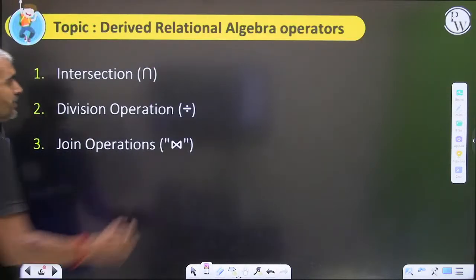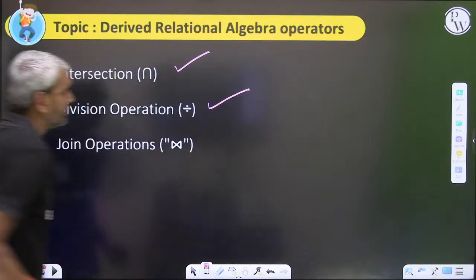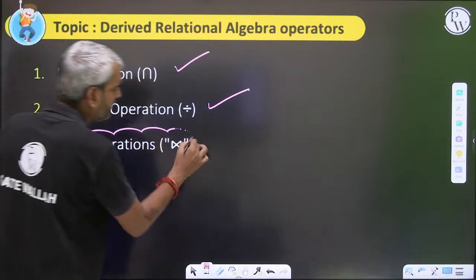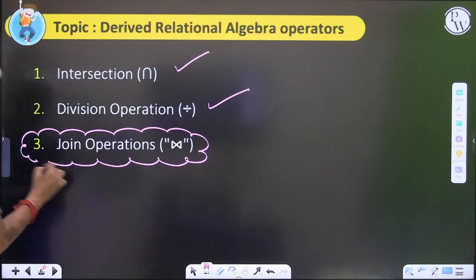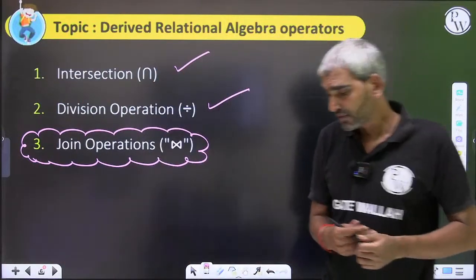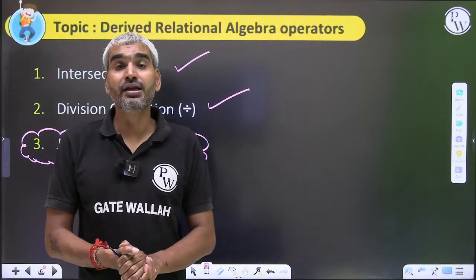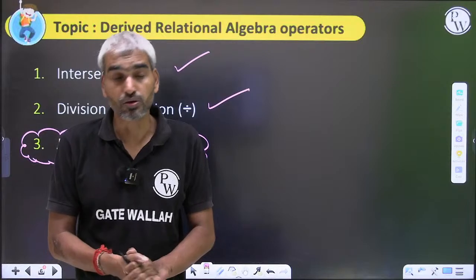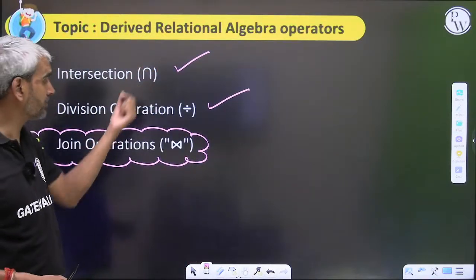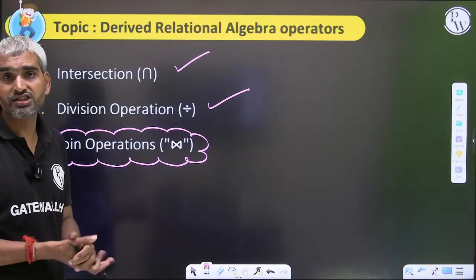In today's session, we are going to understand intersection and the division operation, but the join operation will be covered in tomorrow's class. Obviously, there is one important concept related to natural join that will be used in lossless join decomposition of the relation. This is important from the relational algebra point of view, from the structured query language point of view, as well as from the normalization point of view.